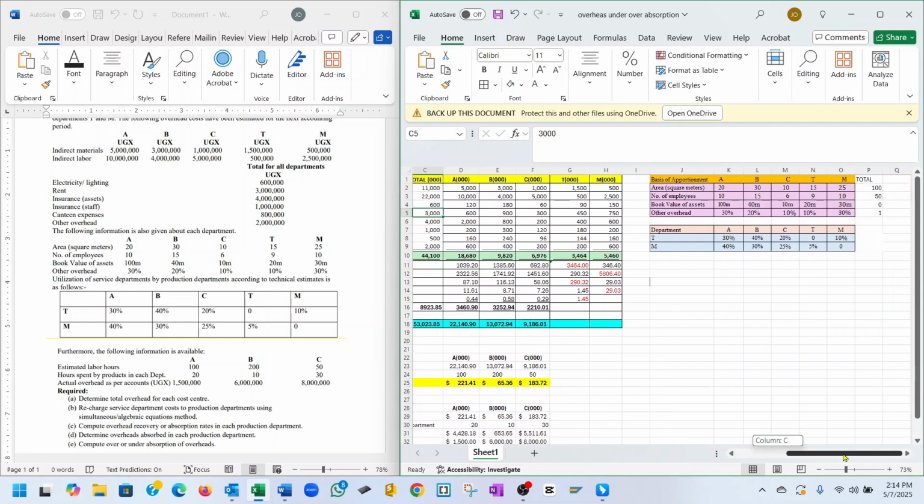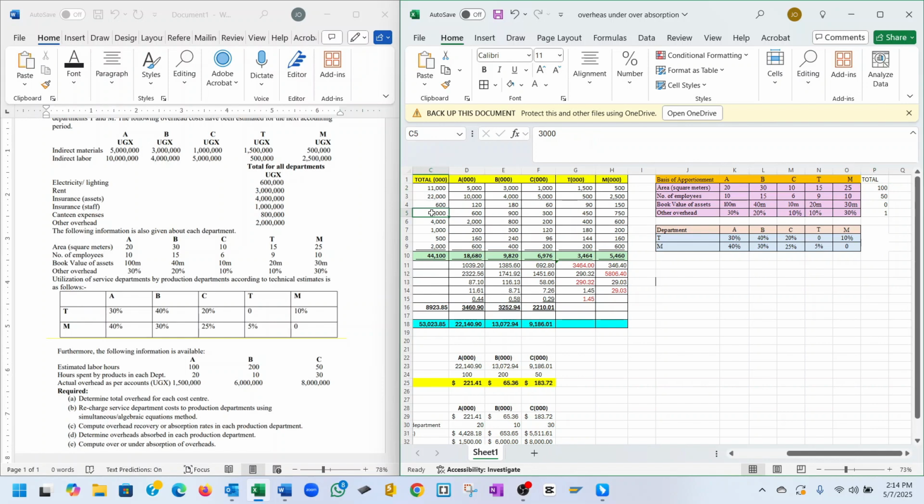We're going to use the same approach. 20 divided by 100 times 3 million, and that is going to give us 600,000. 30 divided by 100 times 3 million is going to give us 900,000. I hope you get me. And the same applies to C, T, and M. If you don't understand, for C is 10 divided by 100 times 3 million, giving us 300,000. Okay?